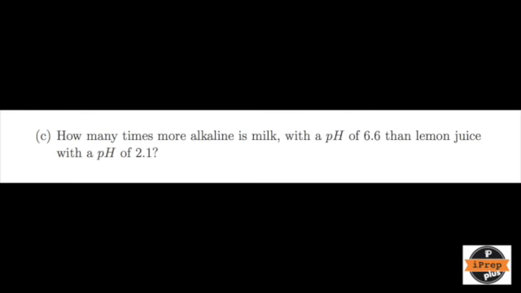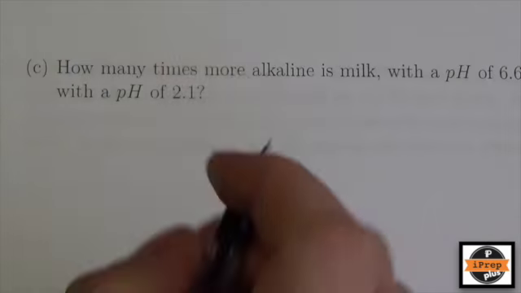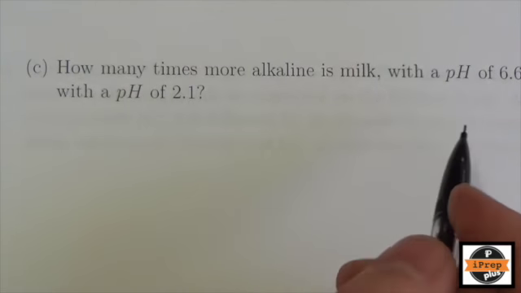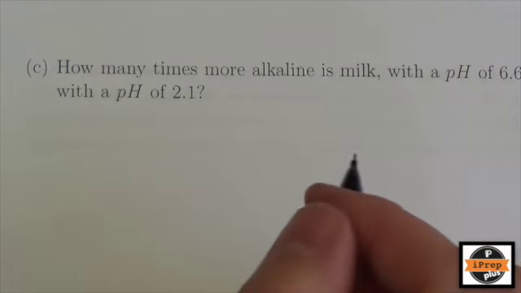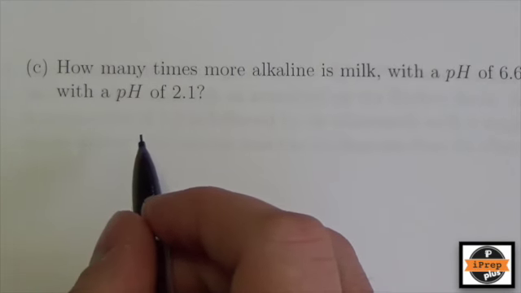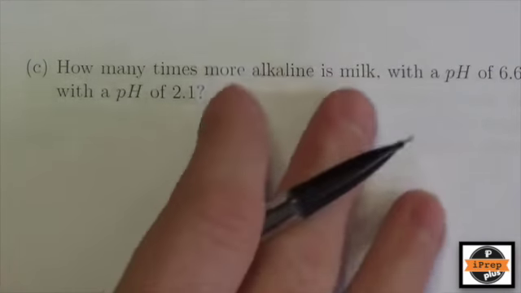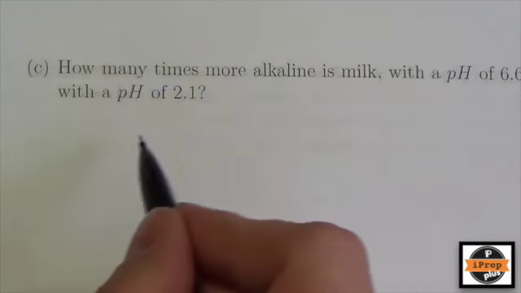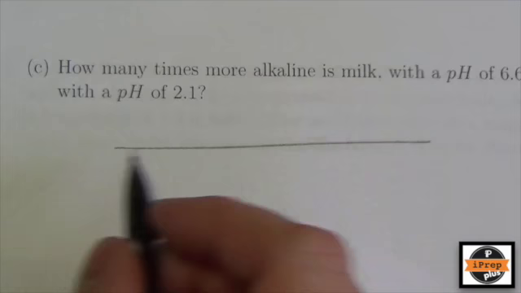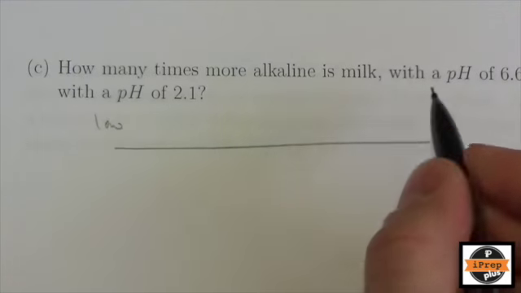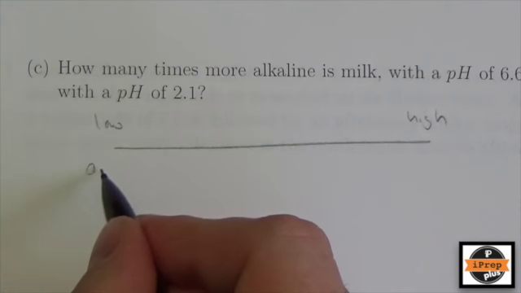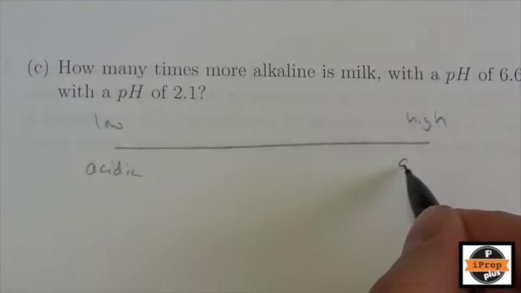Example 3c. This question asks us how many times more alkaline is milk with a pH of 6.6 than lemon juice with a pH of 2.1. What we're asked to do here is compare these two along the pH scale. If this is our low end and this is our high end, this is going to be more acidic and this is going to be more alkaline.